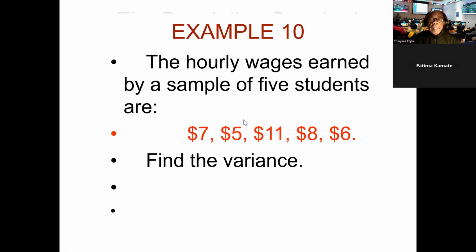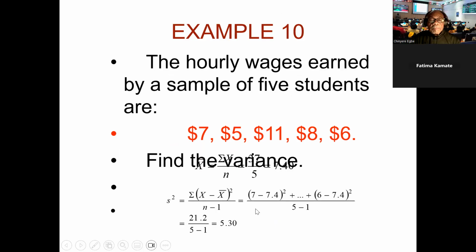In the same way, the sample standard deviation is the square root of the variance, and you can see again the sample variance is the sum of the deviations from the mean.